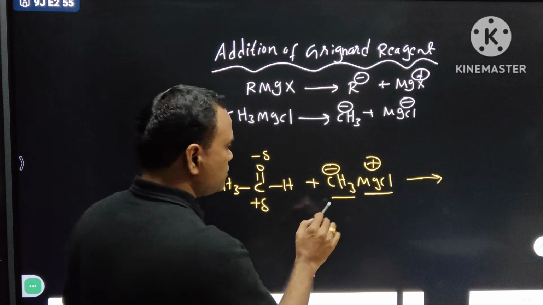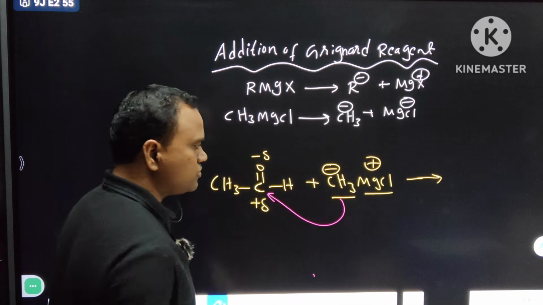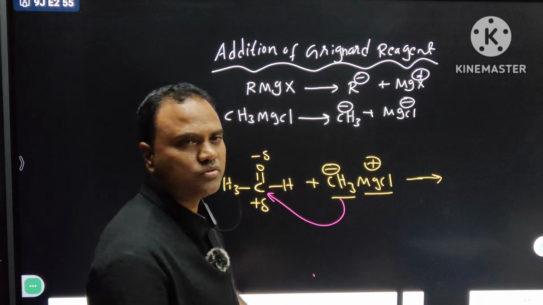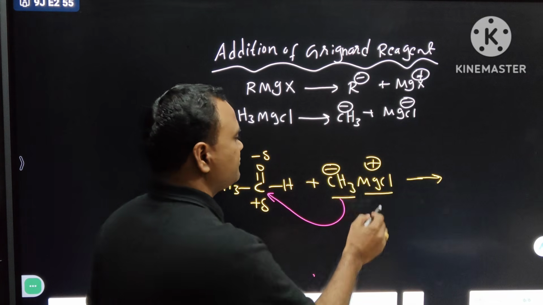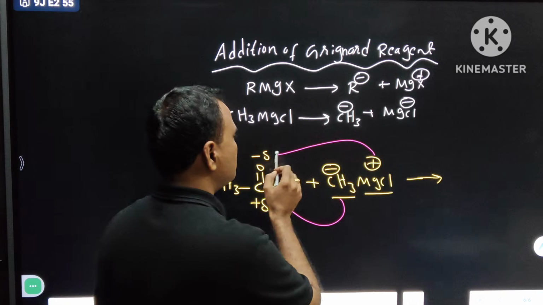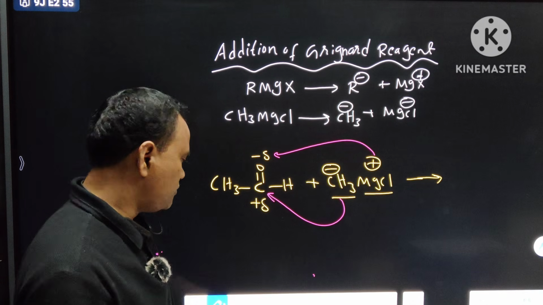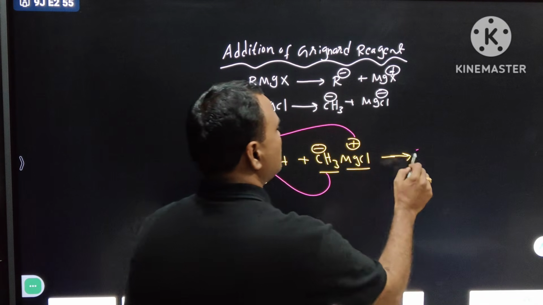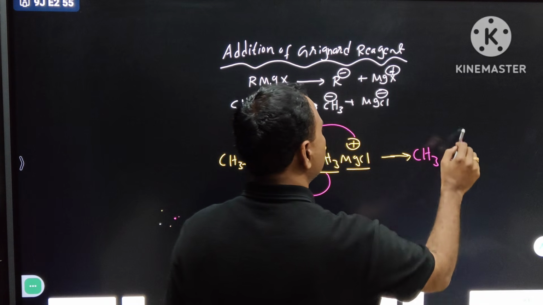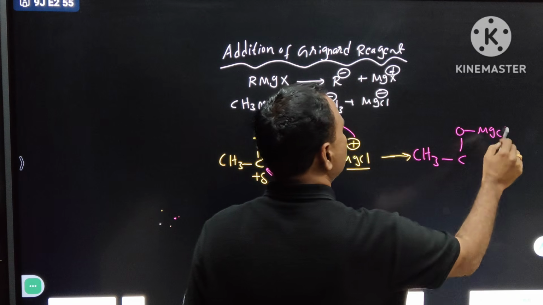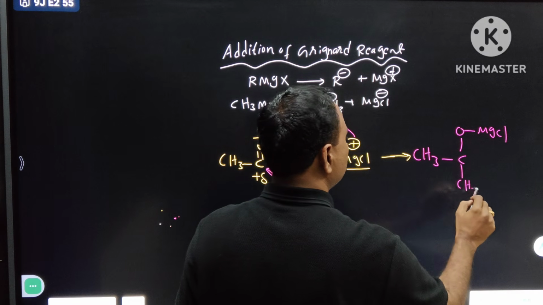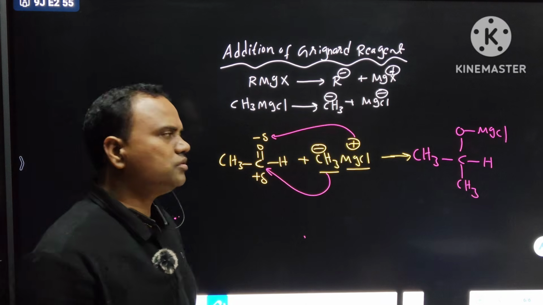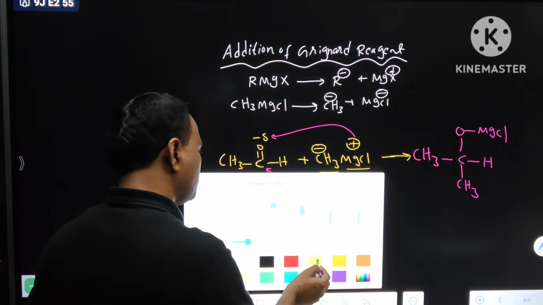CH3 negatively charged carbon attaches to carbon. Both are carbons, right? MgCl. You know this reaction. Already we did in alcohols, right? Now what we will get? CH3CO MgCl CH3 and H. And you know what happens if we add water to this?